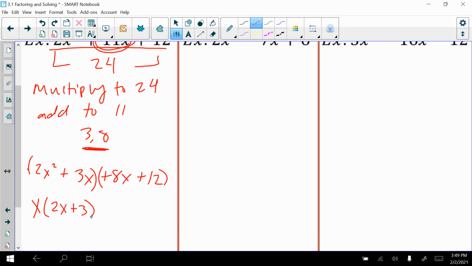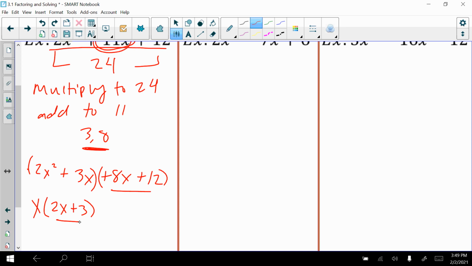Okay. And now I'm going to do the exact same thing in my second half. I'm going to ask myself, what can I divide out of that? But here's the trick. Whatever I factor out of this, I want it to end up looking just like this. I want it to end up being 2x plus 3. So first, let's just think about what I could divide out. I've got 8 and I've got 12.